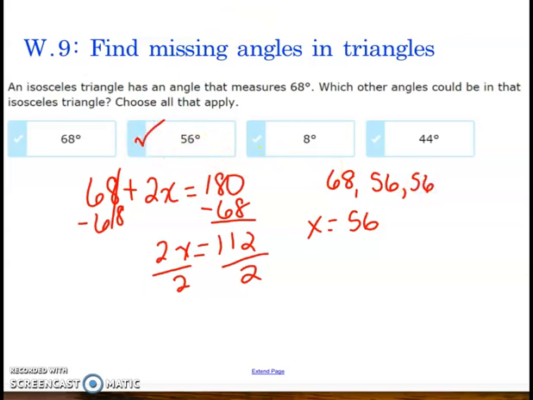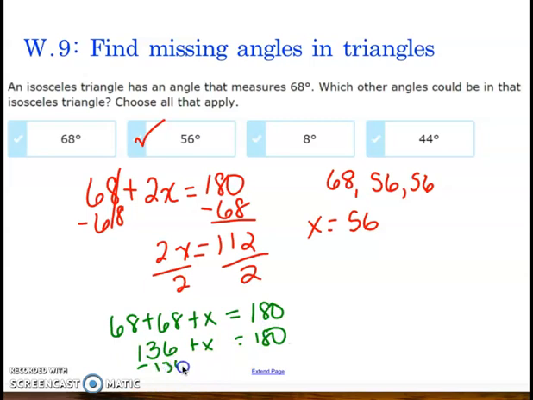However, I could also have a triangle that has 2 68 degree angles because they are acute. I could have 2 68 degree angles and then one that's different. So in this case, you have to be careful. If you're given an angle less than 90 degrees, you could have another one that measures the same. So I add 68 and 68 and I get 136 plus x equals 180.